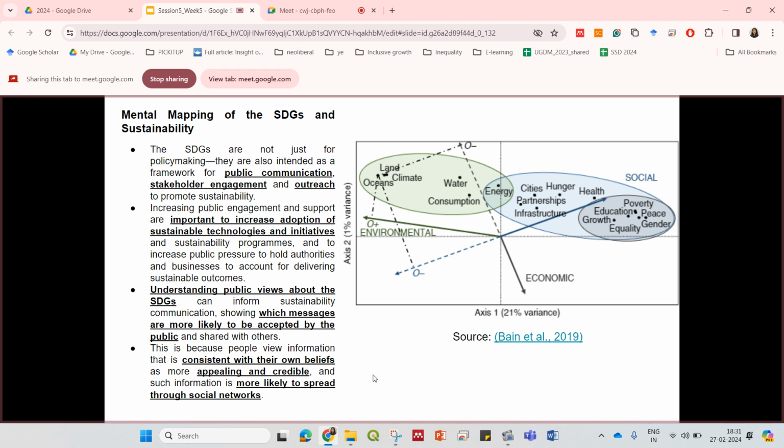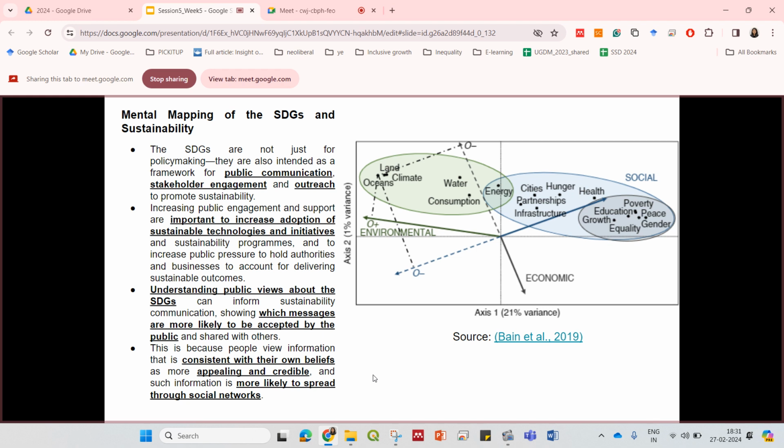For stakeholder engagement, and if we want to reach out to the concerned actors to promote sustainability, we need to make such public communication.